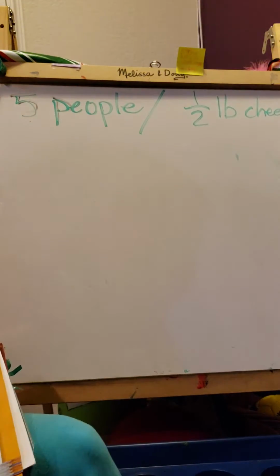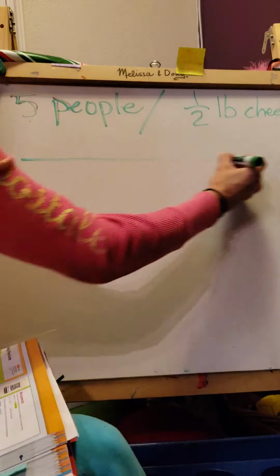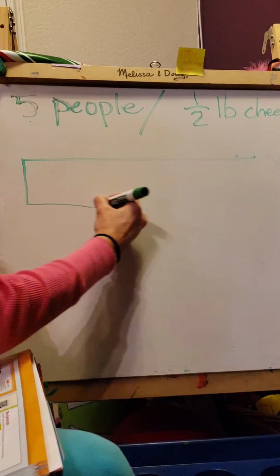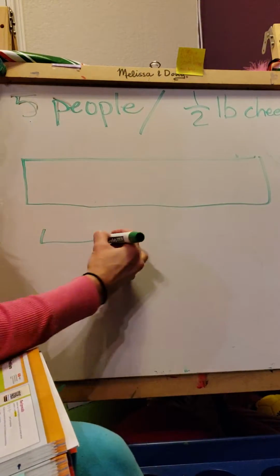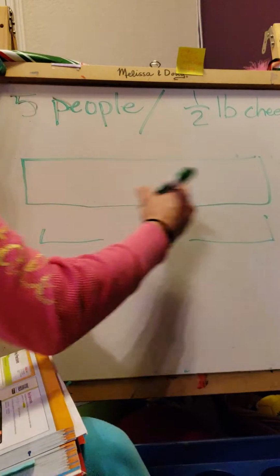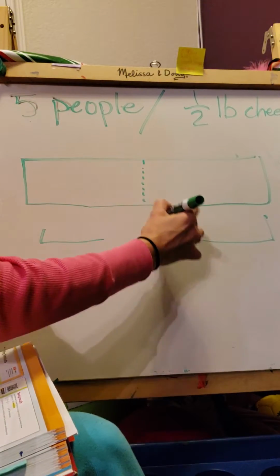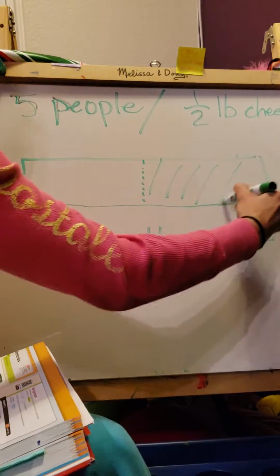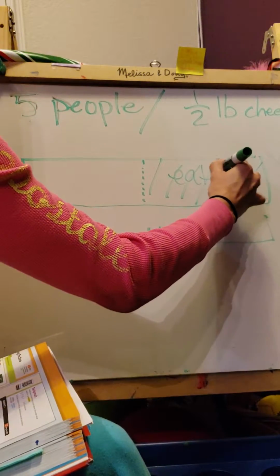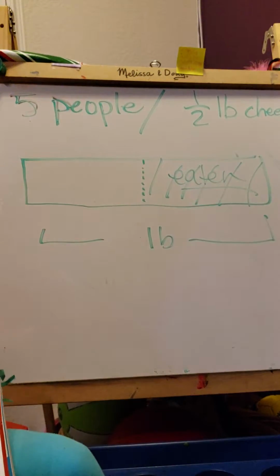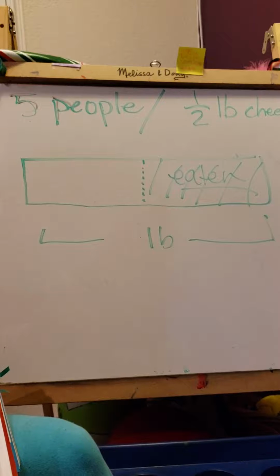If there's 5 of us and we're sharing a half a pound equally, we want to know how much we each receive. So I'm going to draw my cheese, and I'm going to say that this whole thing is 1 pound, but we have a half a pound left, right? This right here has been eaten. We don't have this anymore. Once again, we ate it yesterday when we had cheese and crackers with our friends.